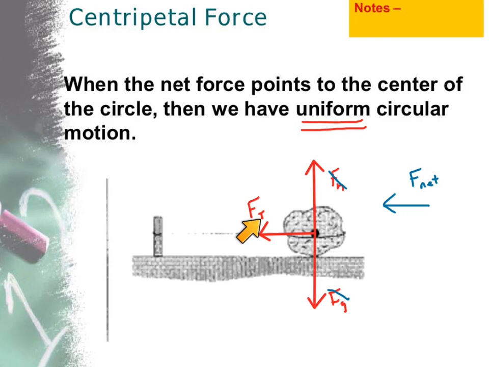So in a sense, my tension force is the centripetal force, the net force that is pointing toward the center of the circle. And it's always pointing toward the center because as this rock moves to a different position on the circle, the tension force will be pointing toward this post on the left.